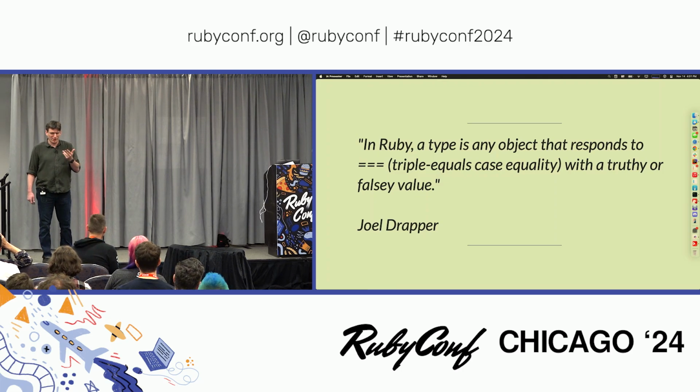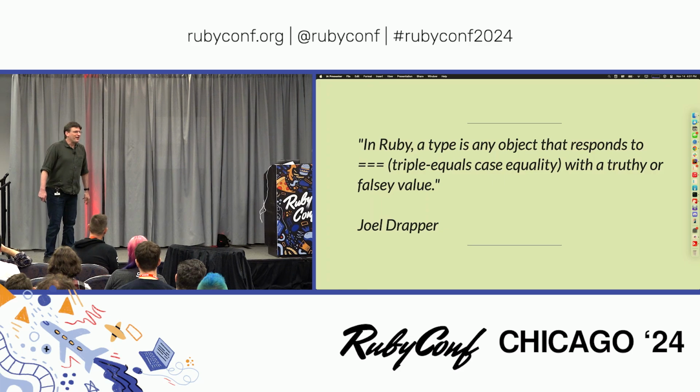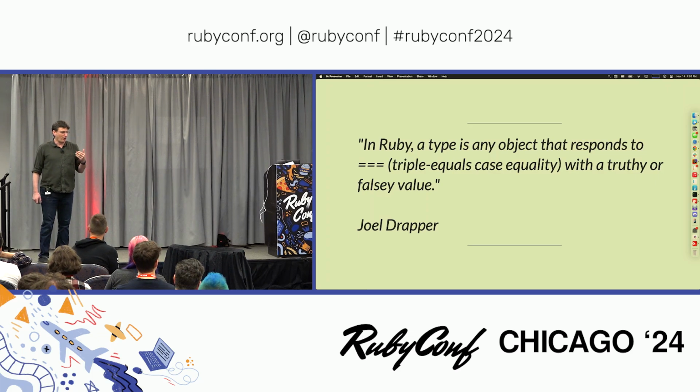I used to at one point know all the things in the Ruby standard library that defined triple equals because I had to know it for writing them down purposes, but I have forgotten it. But yeah, there's a bunch of things that define triple equals that do not necessarily correspond to our instinct about what a type is. And I'm asking you to sort of hold on to that discomfort.